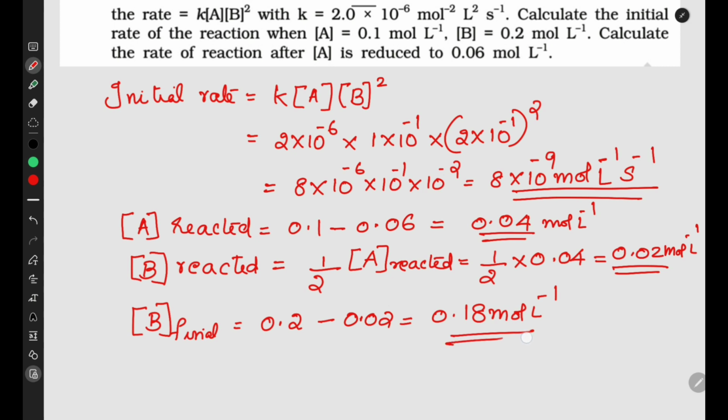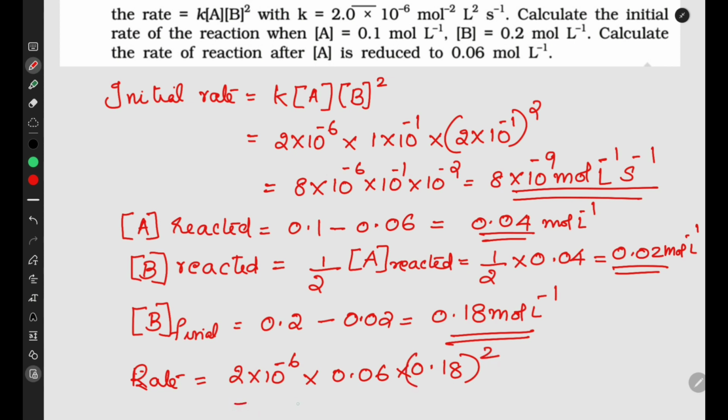Now we got the final concentration of B, as well as A is given in the question. So we can find out the final rate. So rate is equal to K, constant 2 into 10 raised to minus 6, into final concentration of A, 0.06, and final concentration of B, 0.18, the whole square.